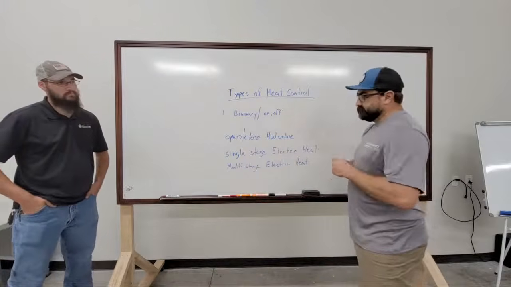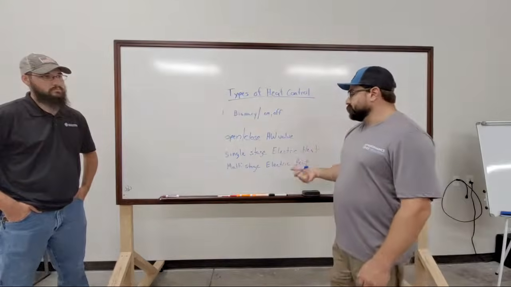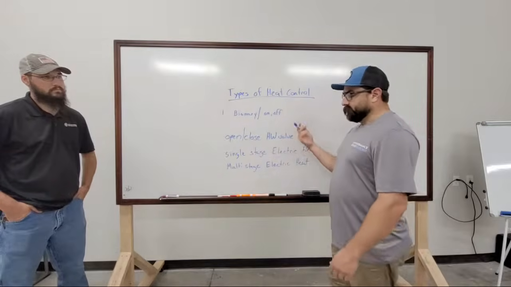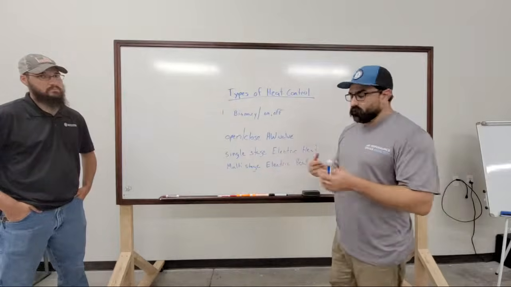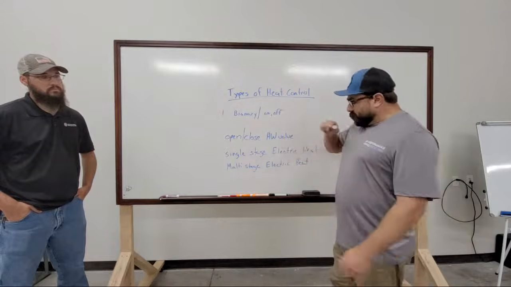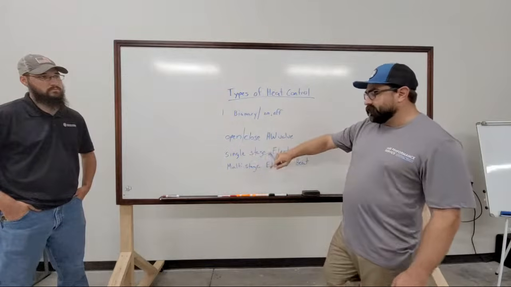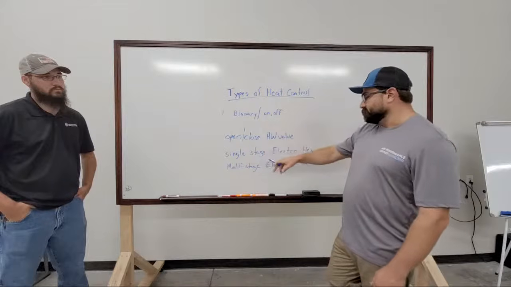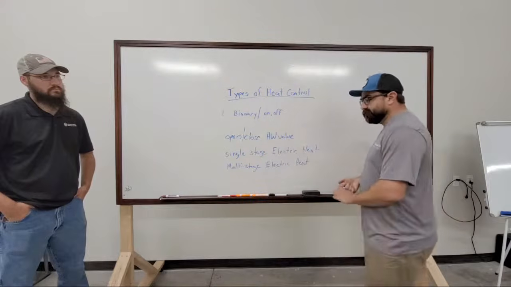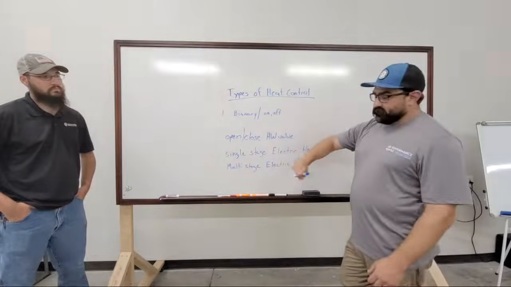So real simple stuff. Your valve is usually 24 volts to open, spring return closed, or it can be 24 volts open, 24 volts closed with a relay, sending it normally open, normally closed. Single stage electric heat: you got a 24 volt relay that makes a 110 volt contactor, whatever, 240 volt, 277, 480. And then you can have multiple stages of electrical heat.